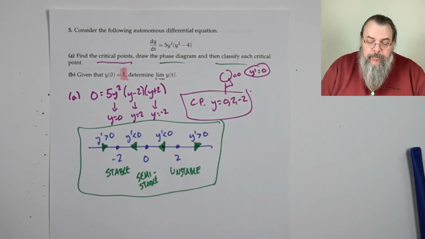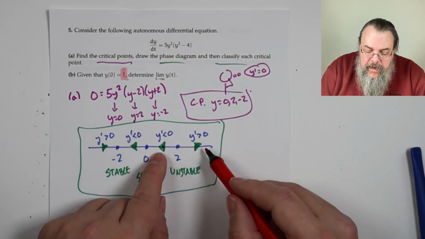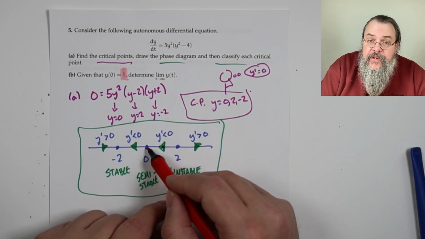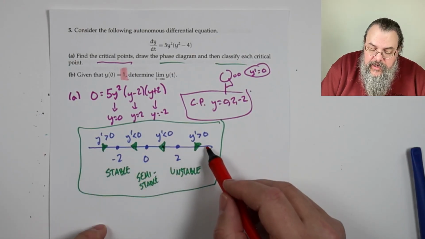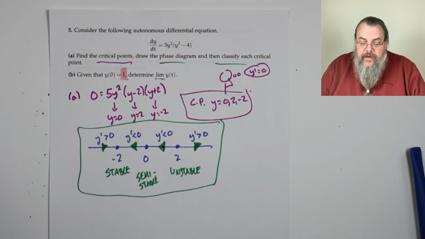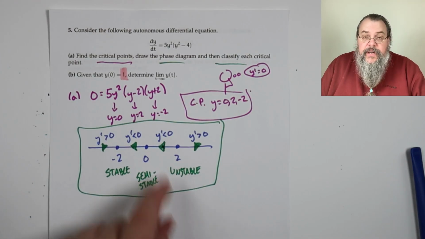That's it, right? As soon as you know your initial y value, you say, where does it fit in the line? And then you follow the direction of the arrow till you get to your next point. If I started elsewhere, I might follow the arrow off to infinity. But for us, we're at 1. The arrow says go down. So we go until we hit our critical point.